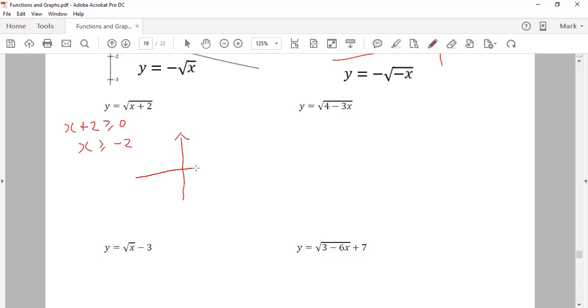So now it's going to look like this. And let x equals 0, so we get square root of 2. So yeah, that's your domain. And the range, we can tell y is greater than or equal to 0. So yeah, the next one. Always start with finding the domain first. That's what helps you solve these.